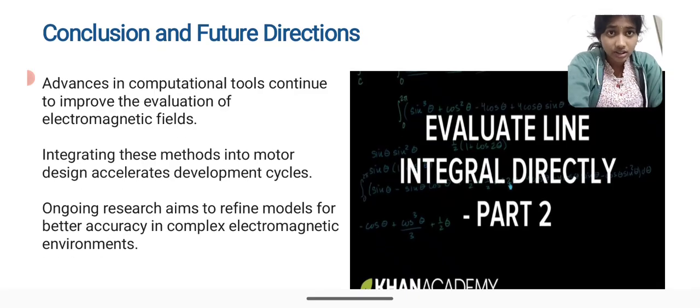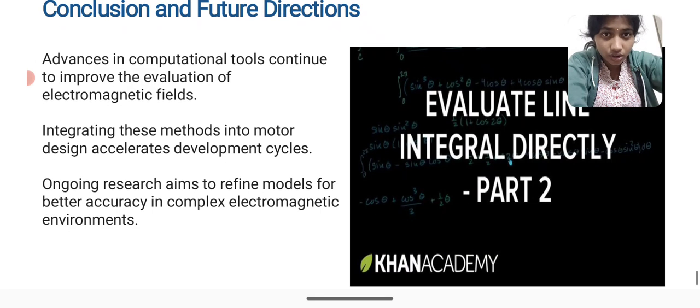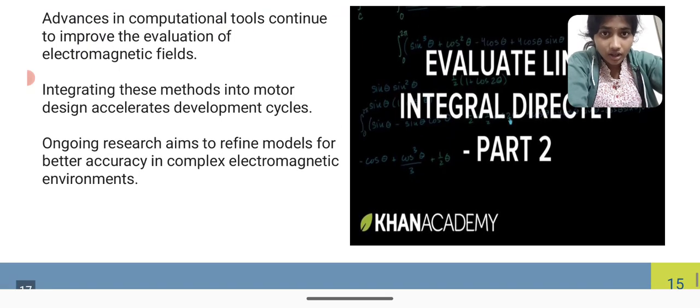Conclusion and further direction. Advances in computational tools continue to improve the evaluation of electromagnetic fields. Integrating these methods into motor design accelerates the development cycle.